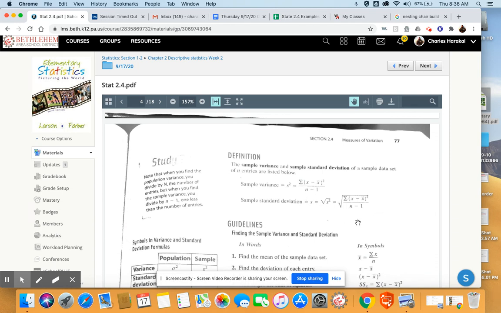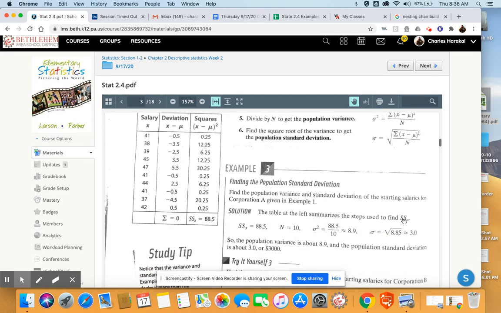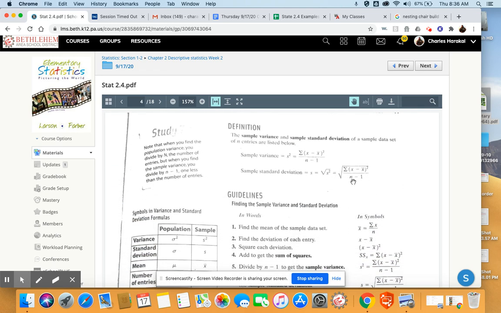But if we look at this equation right here and compare it back to this equation right here, mathematically all the steps are the same. Symbols are different, but the one mathematical difference is that instead of dividing by the sample size, we divide by the sample size minus 1.